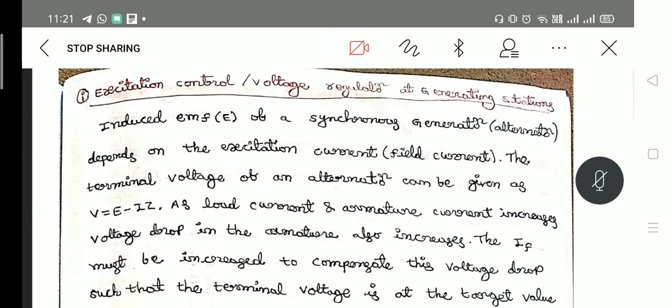So to decrease that voltage drop, we can use the automatic voltage regulator. The automatic voltage regulator compares the reference voltage and the output voltage, takes the error, and then the error is eliminated in the regulator.